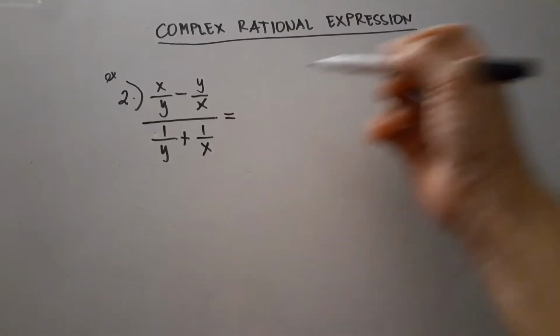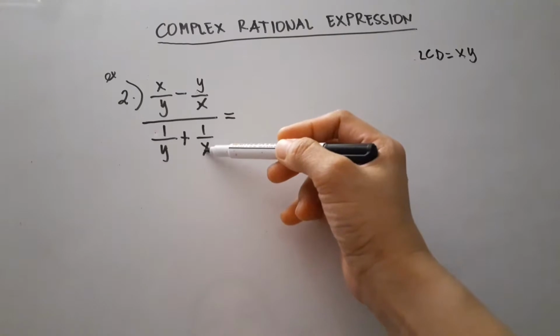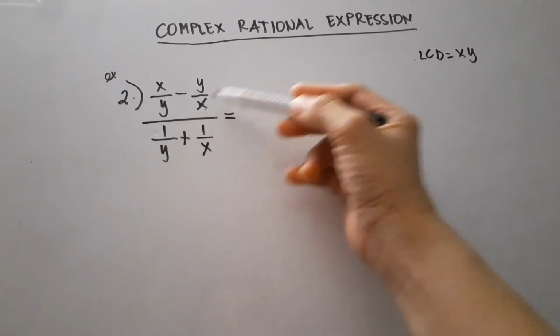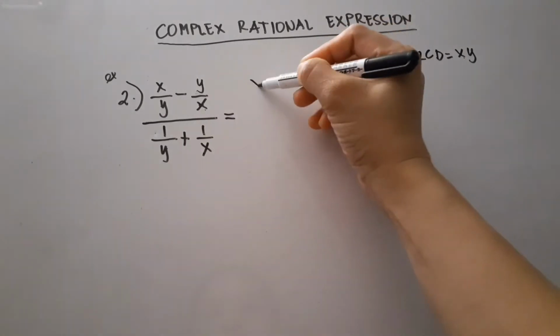From the numerator, we have xy as the least common denominator, and the least common denominator from the denominator is xy also.